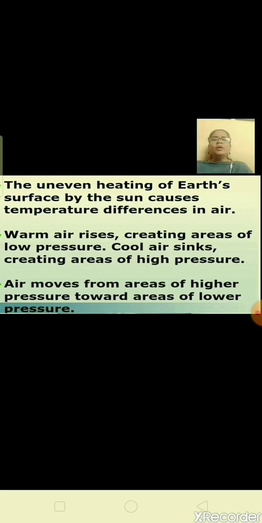Due to Earth's rotation, wind is deflected towards the right in the northern hemisphere and left in the southern hemisphere. The speed of the wind also varies greatly. If there is a quick change in atmospheric pressure, it causes the wind to blow fast and vice versa.